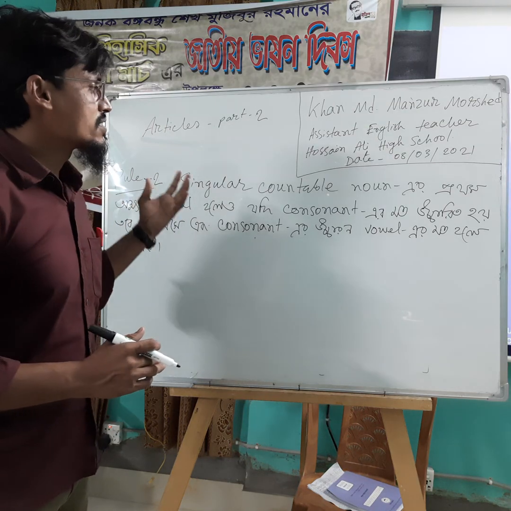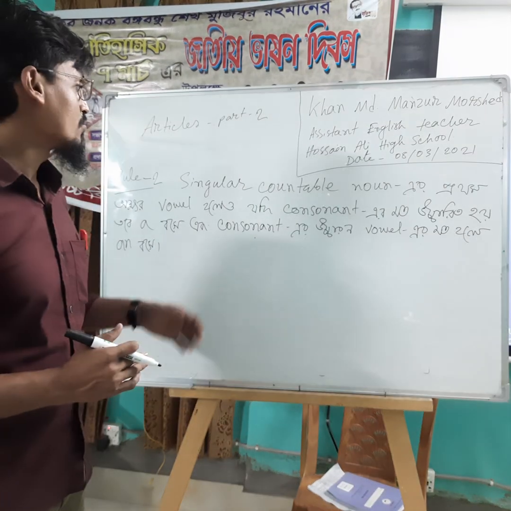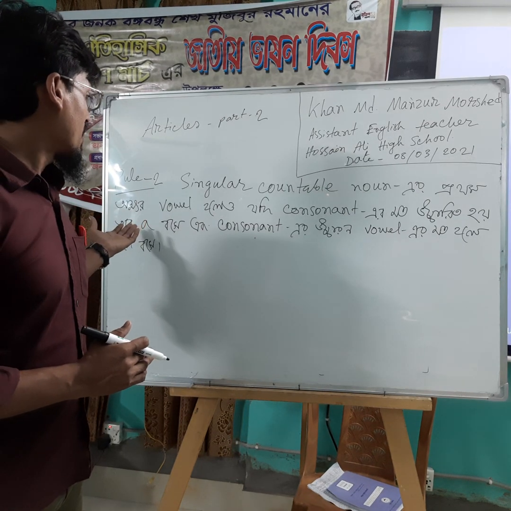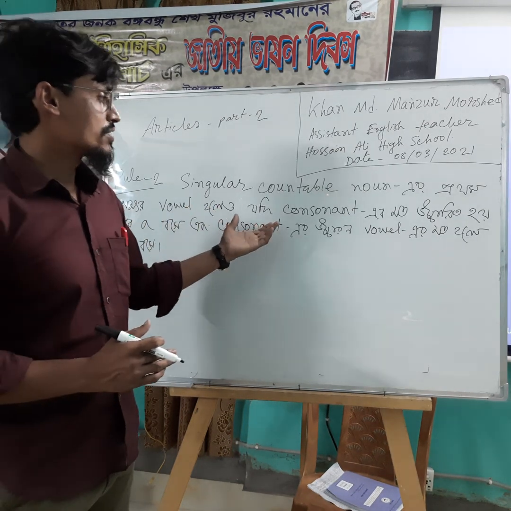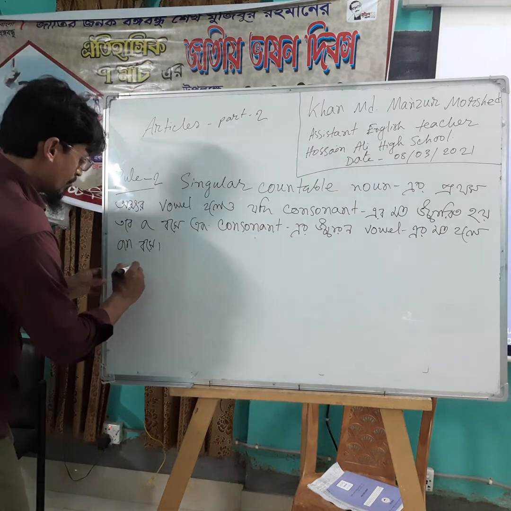if there is a vowel before a noun, it will be n, and if there is a consonant, it will be a. But here, look at the example.